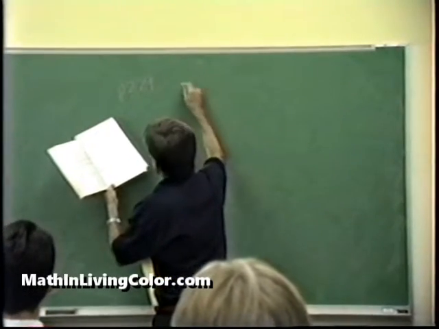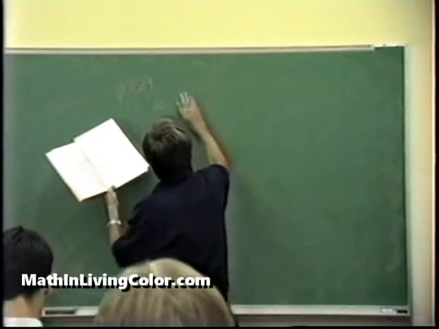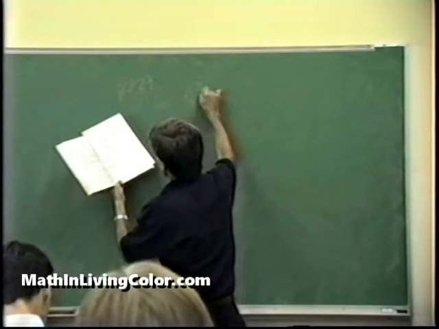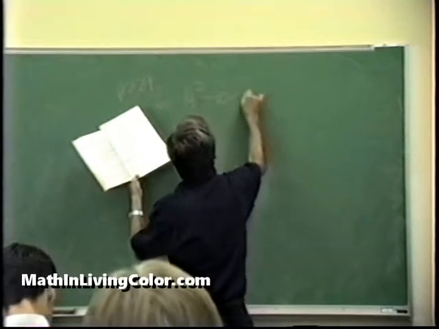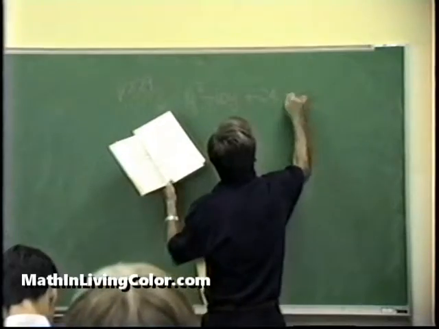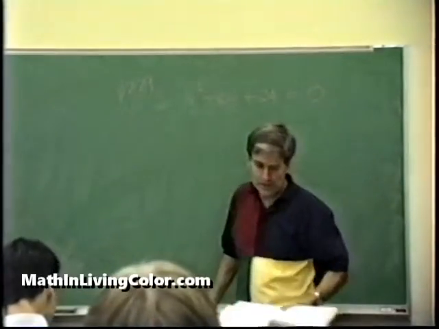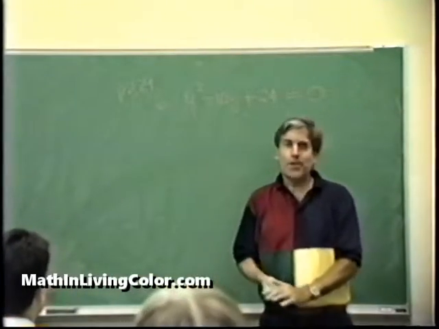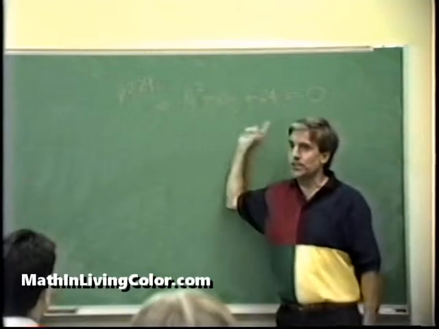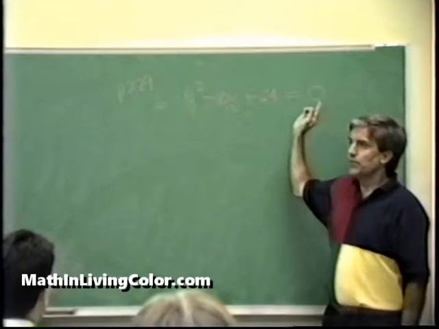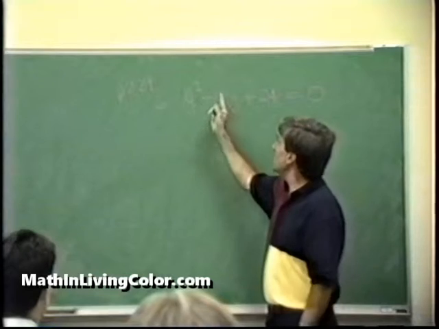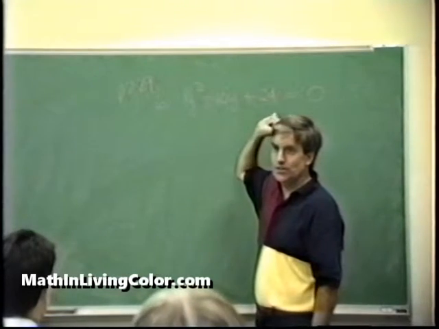Number 6. Number 6, it says y squared minus 10y plus 24 is equal to 0. Does anybody know what kind of problem that is, what it's called? Because it has a y squared in it.